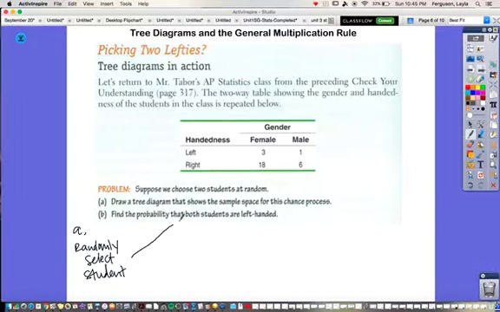So when we randomly select a student, we see that there are 4 out of the total 28 that are left-handed. So the probability that the first student is left-handed is 4 out of 28.